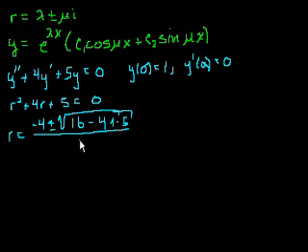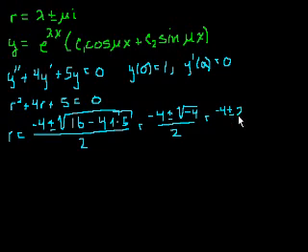A is 1, so all of that over 2. And see, this simplifies. This equals minus 4 plus or minus, see, 16, this is 20, right? 4 times 1 times 5 is 20. So 16 minus 20 is minus 4 over 2. And that equals minus 4 plus or minus 2i, right? The square root of minus 4 is 2i. All of that over 2.